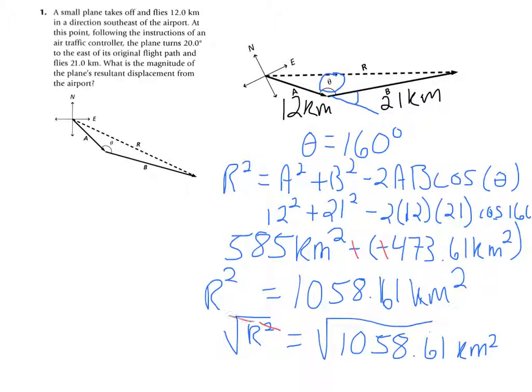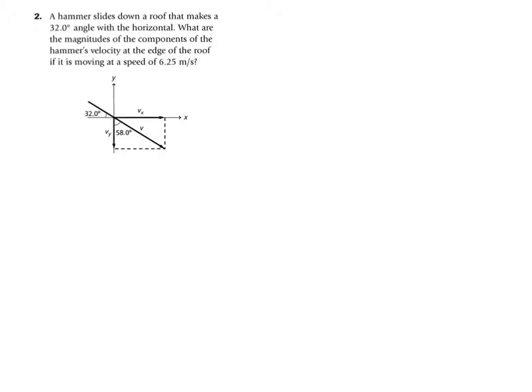The squares there cancel out, and that becomes just kilometers, giving us an R value of 32.5 kilometers. Again, pretty straightforward, a nice little problem that is very nice to get used to.